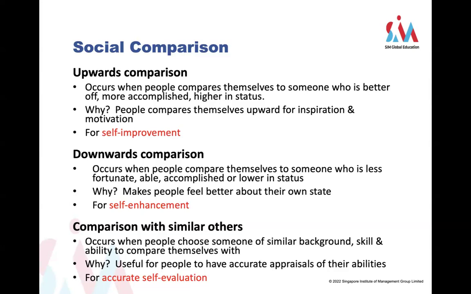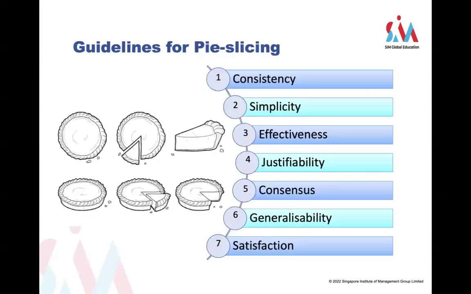And you want to see who is better in this particular module. It is to get an accurate self-evaluation. So you may want to compare with your peers of the same age, or you may want to compare with your peers doing the same diploma program, or you may want to compare with people of the same gender, etc. Okay, so it is to get an accurate self-evaluation.